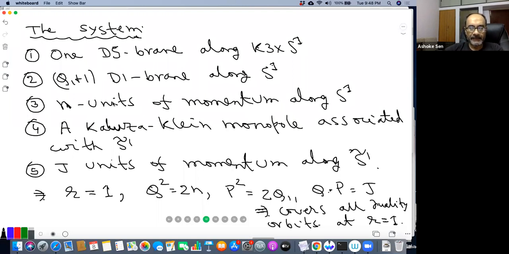On this side, if you have a common factor between the number of D5 branes, number of D1 branes and N, again, that dynamics is not well understood. And that's the reason the counting for R equal to 2 is not available. But if you are asking, can you figure out what are the charge assignments that you need for R equal to 2 or any general R? Indeed, you can.